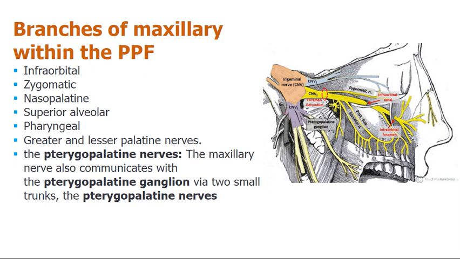You can see these are two twigs, 1 and 2. These are communicating and hanging the pterygopalatine ganglia with the main trunk of the maxillary nerve. These are the main branches of the sensory maxillary nerve in the pterygopalatine fossa.